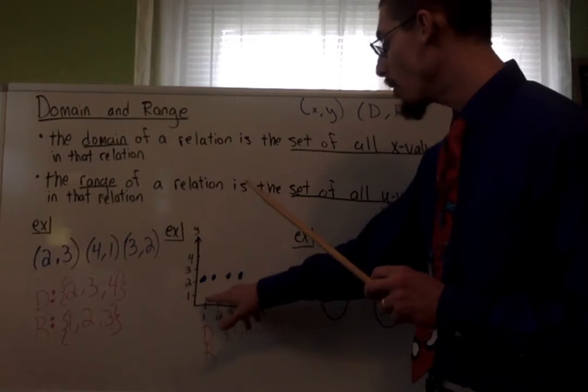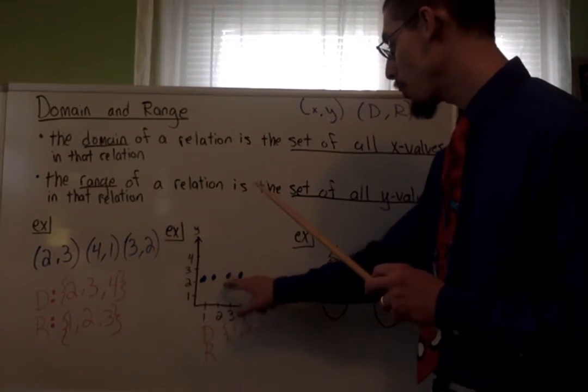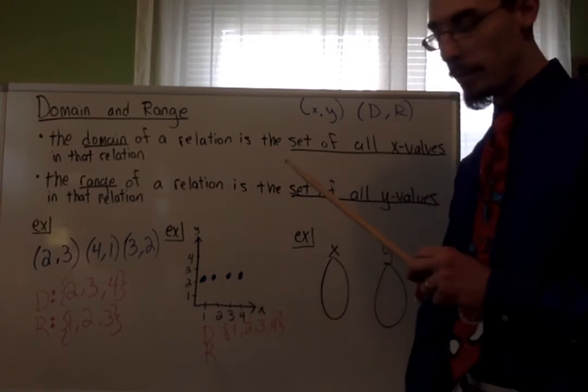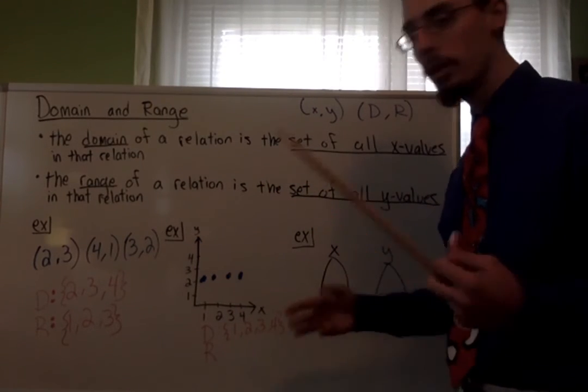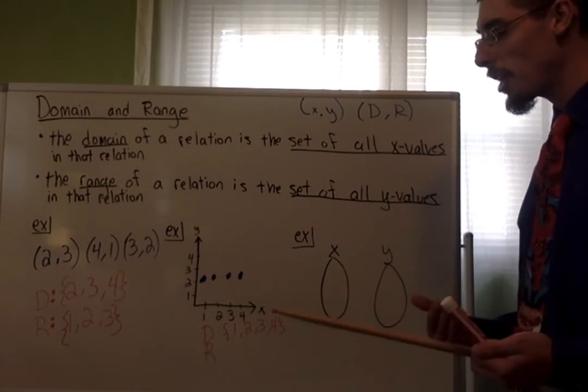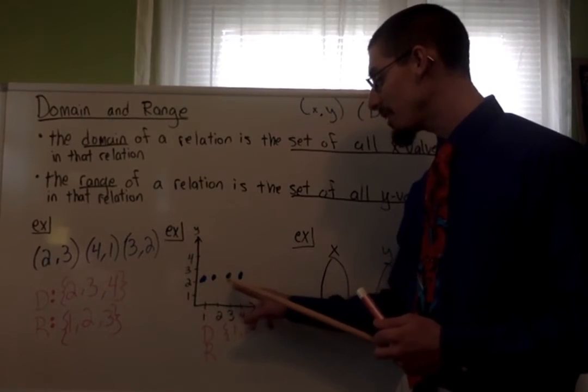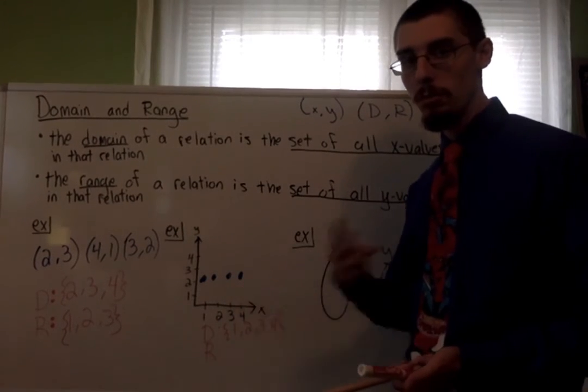If I were to write the points out, what would it be? 1, 2, 2, 2, 3, 2, 4, 2. 1, 2, 3, 4. That's all my x values. Now the range, if you think about it, every one of these points has the same y value, 2.